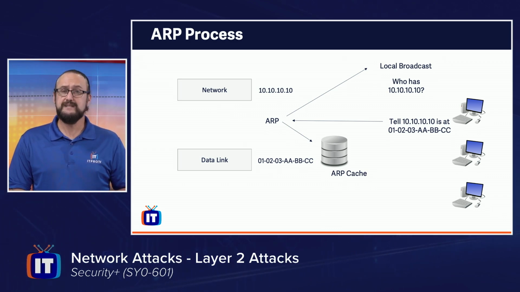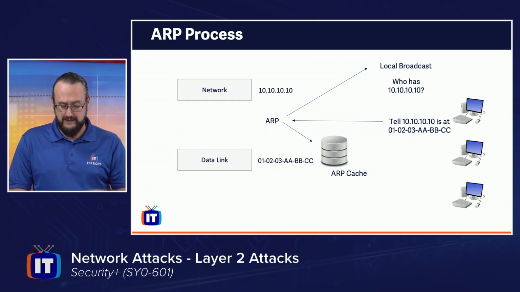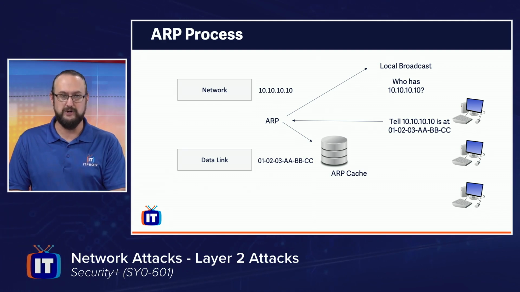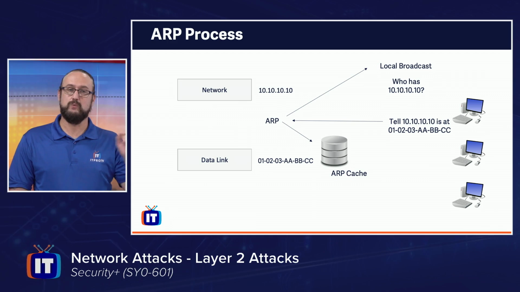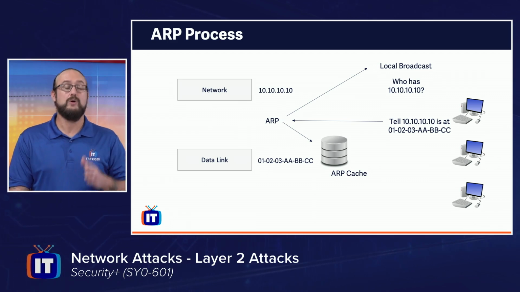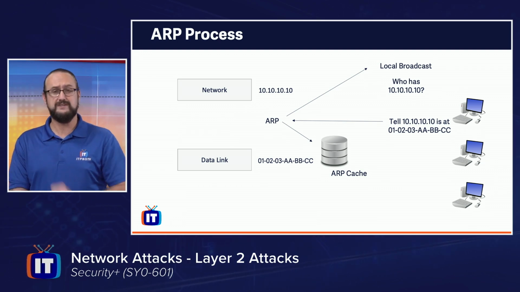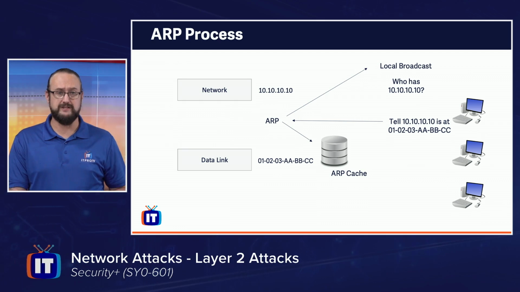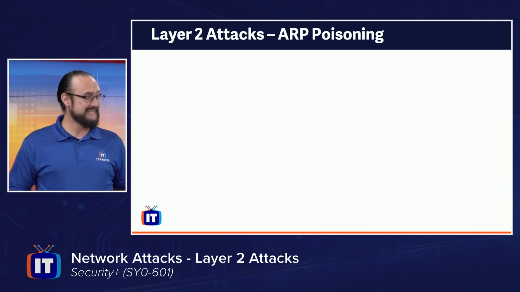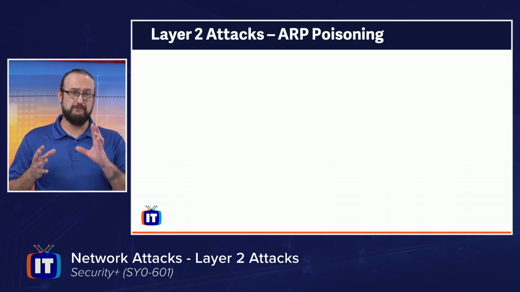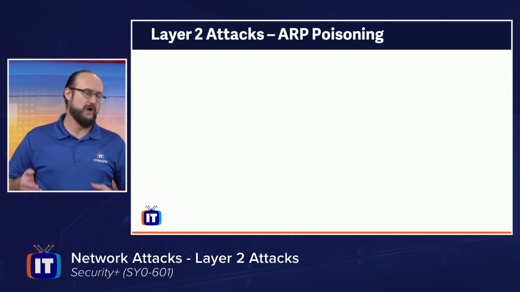Now, just like in DNS, keep in mind that when we need to finally talk to the computer that has that IP address, we don't need to send an ARP broadcast anymore. We can just send that communication based on what we have in the cache directly to that computer. So it makes it very easy to find that computer and not have to go through the ARP process again.